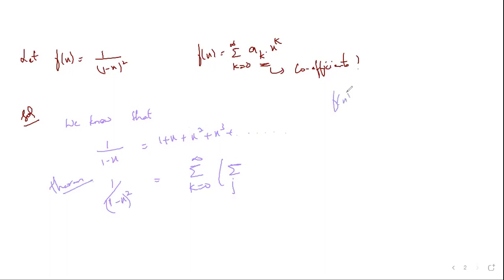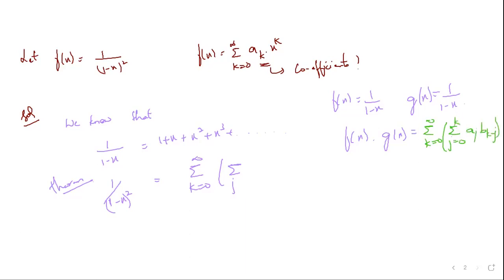If we take f of x as 1 by 1 minus x, and g of x as also 1 by 1 minus x, then f of x into g of x will be given as the sum from k equal to 0 to infinity of the sum from j equal to 0 to k of a j b k minus j into x power k.